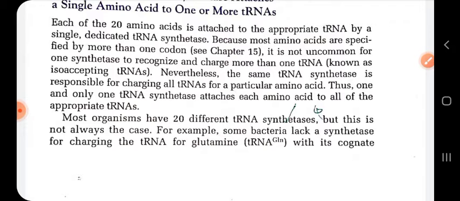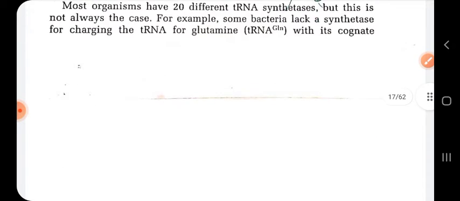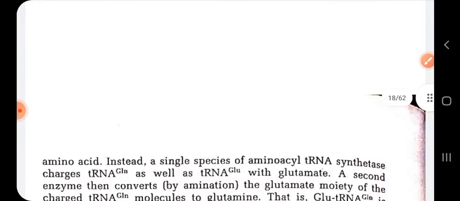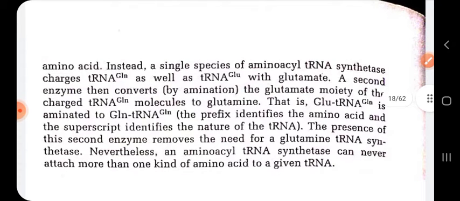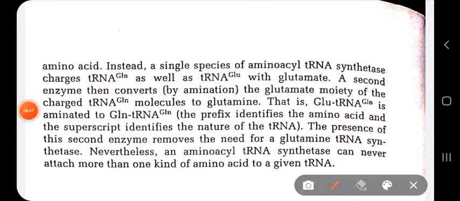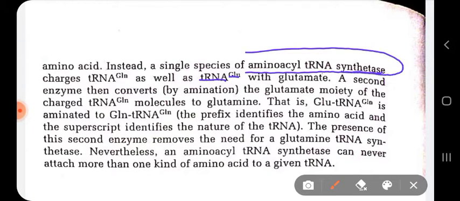So what does it do? How does tRNA attach with glutamine? Well, there is a specific amino acyl tRNA synthetase that charges tRNA with glutamate. The same amino acyl tRNA synthetase charges tRNA with glutamine also.